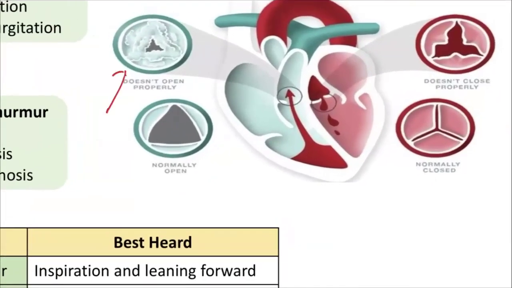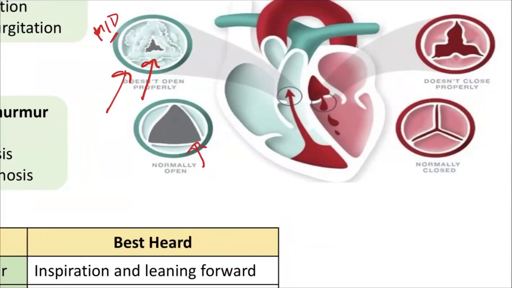If it is stenosed, some calcium deposits are there and it has become hard, so it is not able to open properly. A lot of pressure is required to open the valve, so it takes a little more time. So most of the time it will be a mid-systolic or mid-diastolic murmur, best heard during mid systole or mid diastole, depending on which valve is involved.